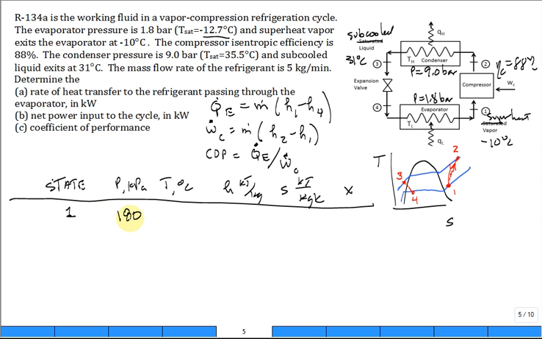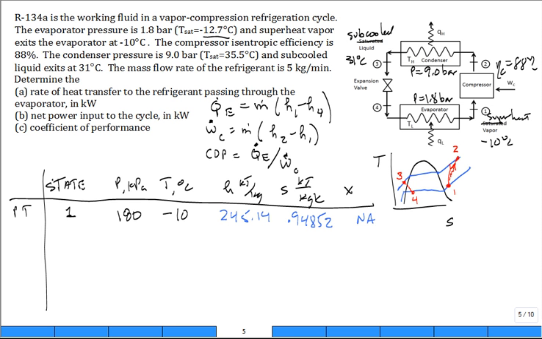And the temperature, negative 10 degrees C. Knowing pressure and temperature, I look up the other properties. And so we find that it's around 245.14 kilojoules per kilogram and 0.9485 kilojoules per kilogram Kelvin. And the quality is not applicable. It's not defined in the superheated region.